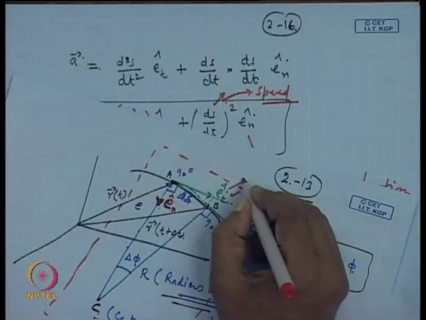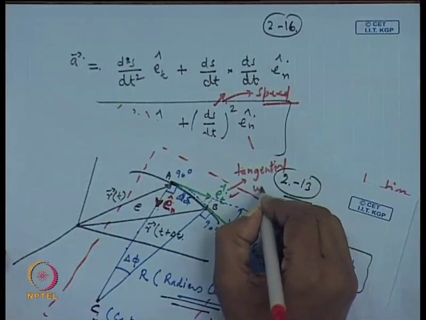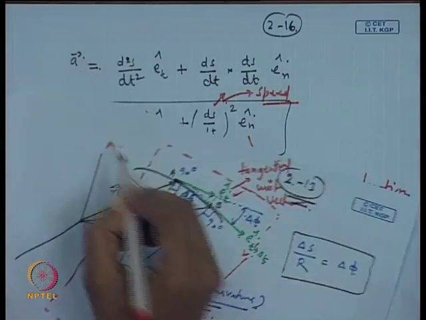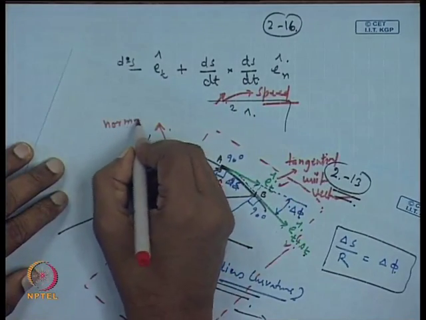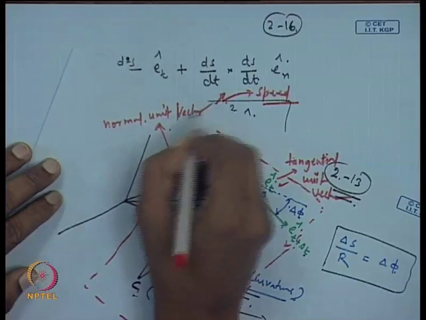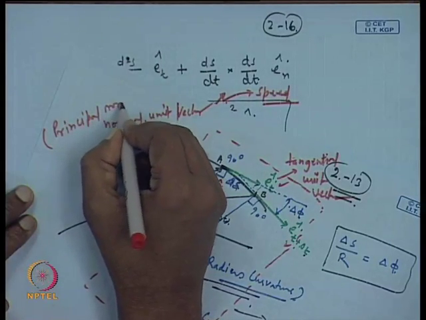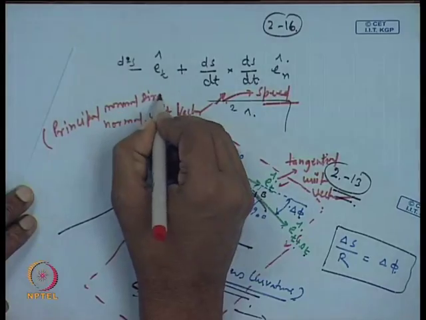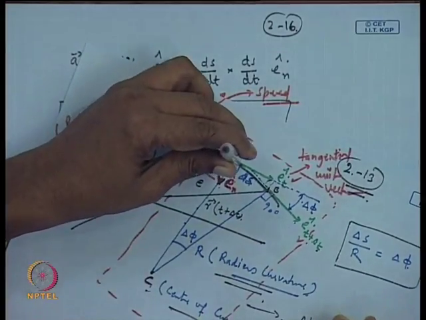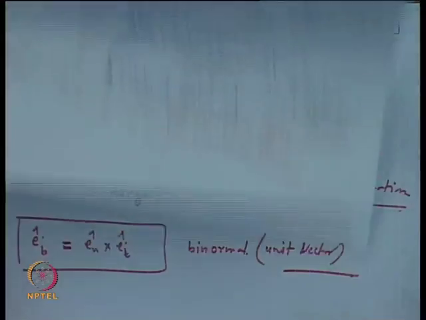So, this is your tangential unit vector, and this is your normal unit vector, also called the principal normal direction. The perpendicular to this, E_n cross E_t, is called the binormal direction.